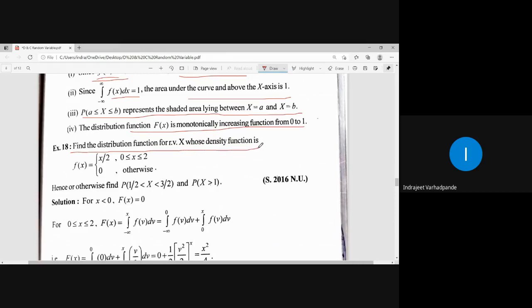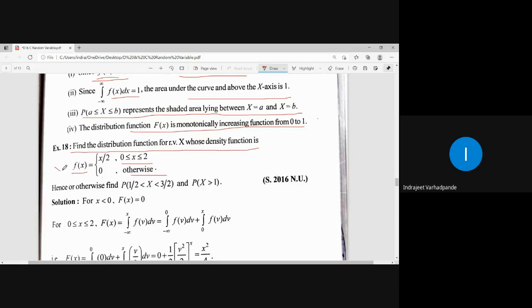Find the distribution function for the random variable x whose density function is given by f of x is equal to x by 2, for 0 less than or equal to x less than or equal to 2, and 0 otherwise.